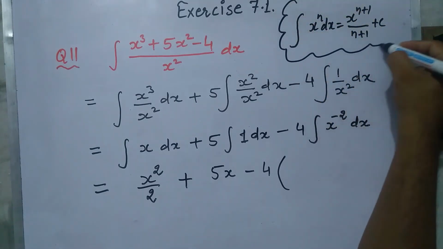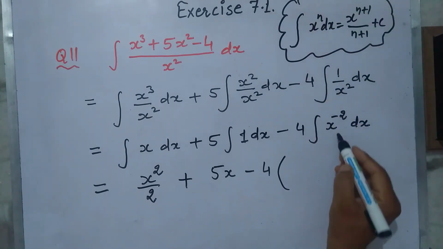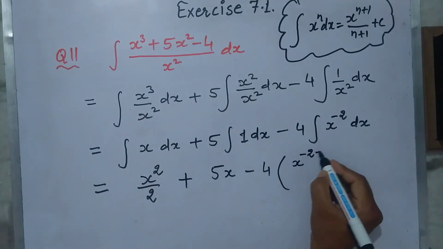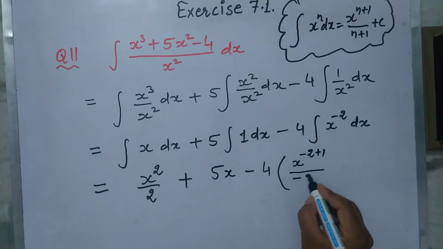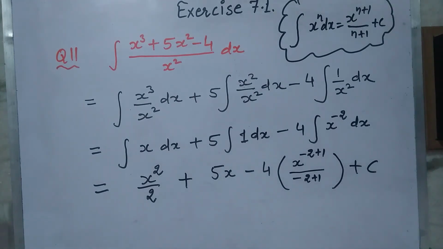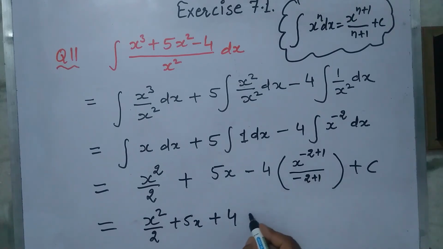So here also, in place of n we have minus 2: x raised to power minus 2 plus 1 upon minus 2 plus 1, plus c, the constant of integration. So finally we have x^2 upon 2 plus 5x, this is minus minus plus, 4 times x to the power minus 1, so 4 upon x plus c is the final answer.